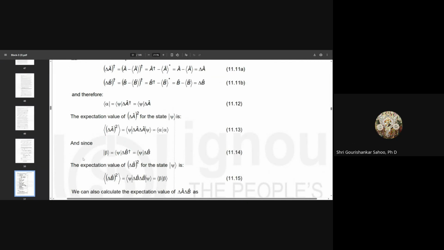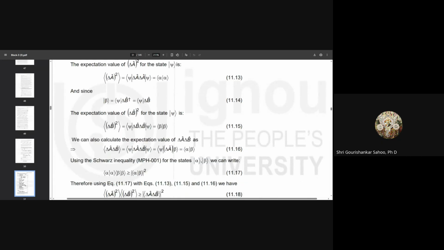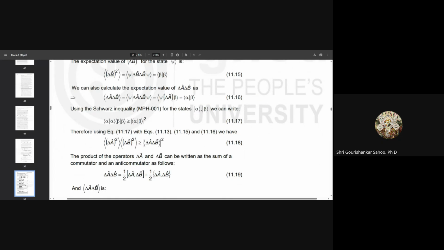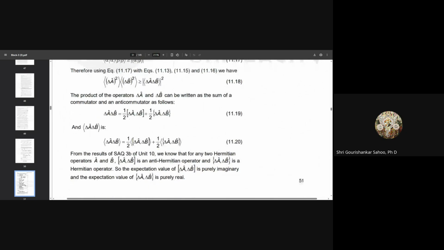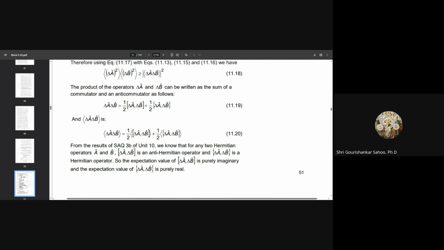And therefore, alpha in a state vector can be written as psi del A cap dagger, which is nothing but psi del A cap. So by solving it, you can have the final expression: the expectation value of del A cap del B cap is equal to half the expectation value of the commutator bracket of del A cap and del B cap plus half the expectation value of the anticommutator of del A cap and del B cap.